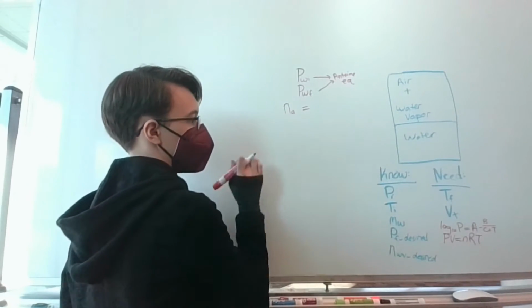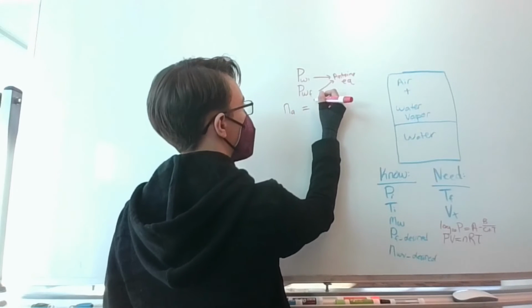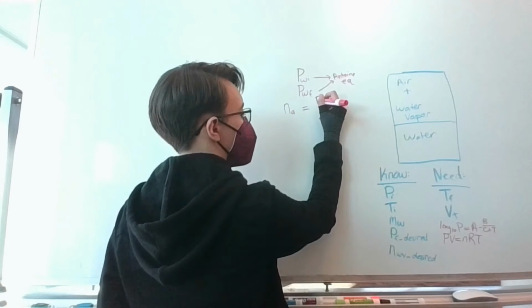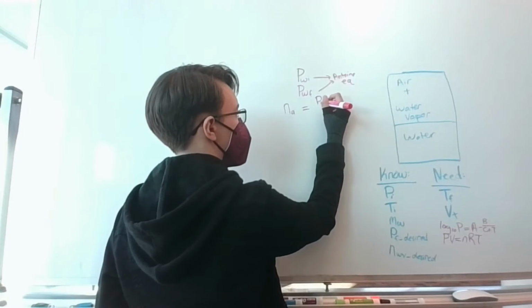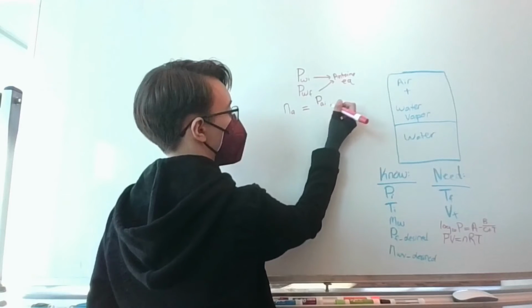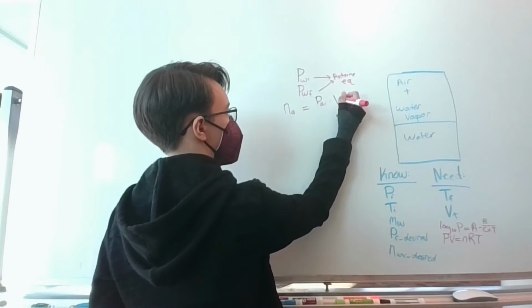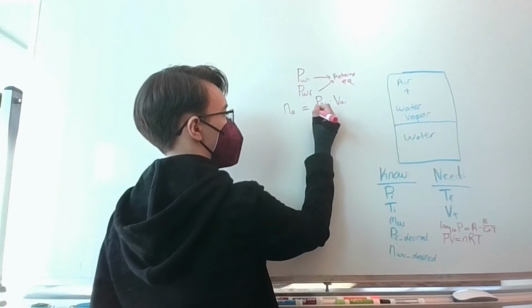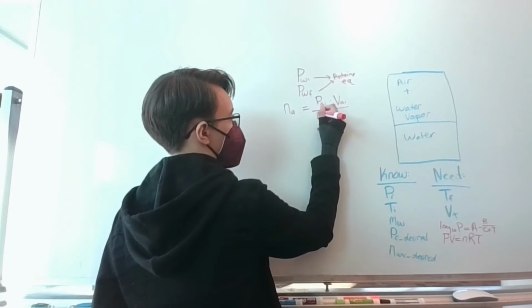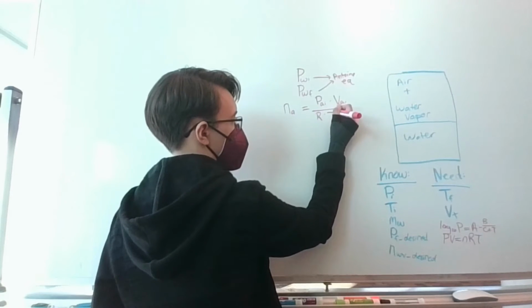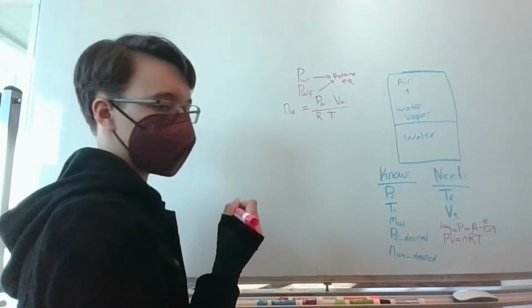So it's just the moles of air are going to be equal to the pressure of air initially times the volume of the air initially over the gas constant times the initial temperature.